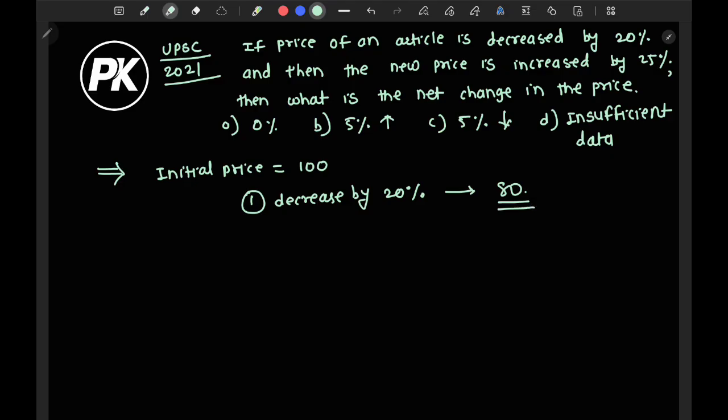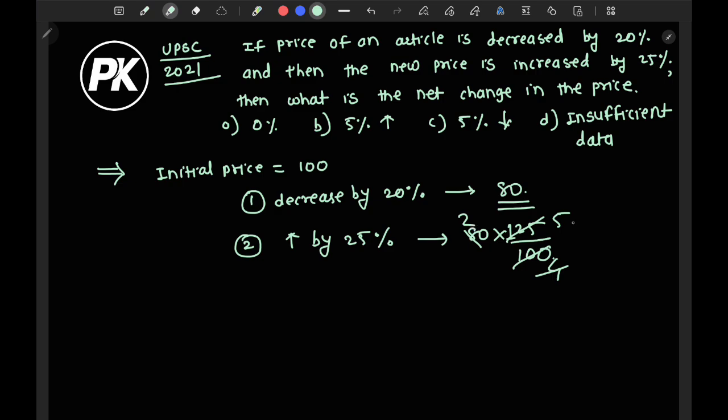Now again this 80, they are saying it is increased by 25%. So can I say 80 into 125 divided by 100, it is increased, right? So above 100 I have to write. So 25 is a 125, 4 2s are 8, so 20 into 5, so again it is 100.